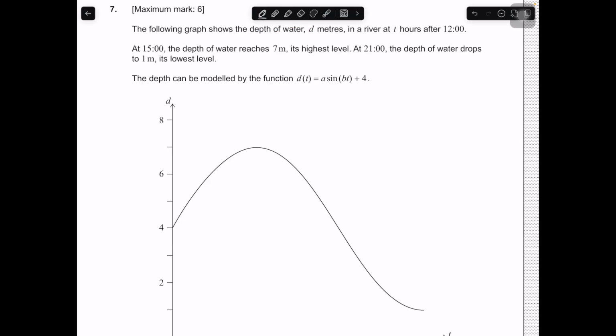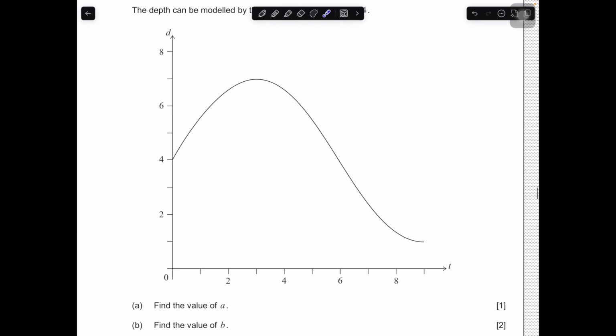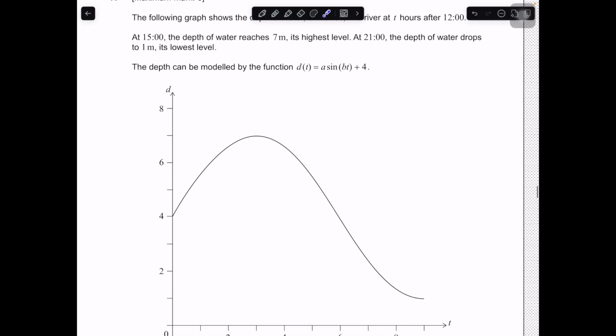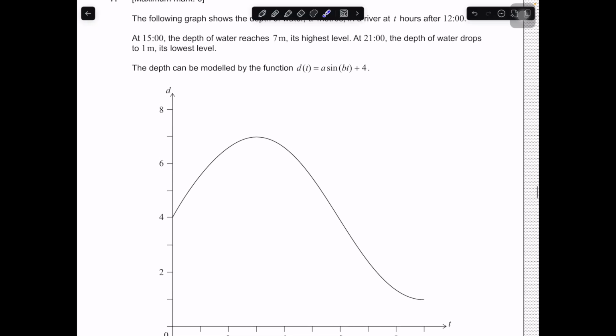Here we are. The following graph shows the depth of water, d meters, in a river at t hours after 12 in the afternoon. At 15 hours, the depth of water reaches 7 meters, its highest level. So let me just look at the time scale here. T hours after 12.